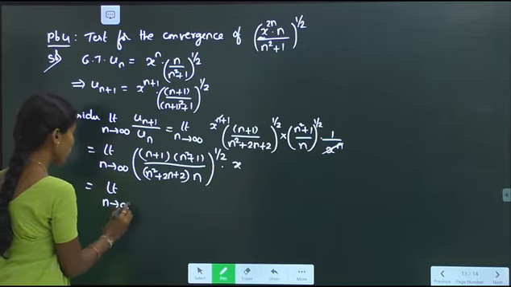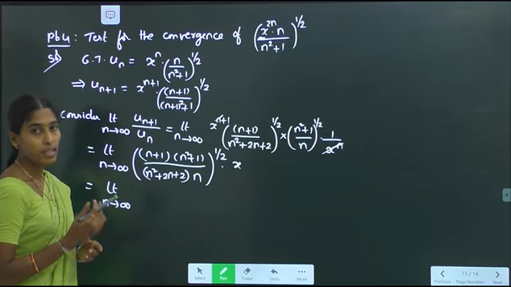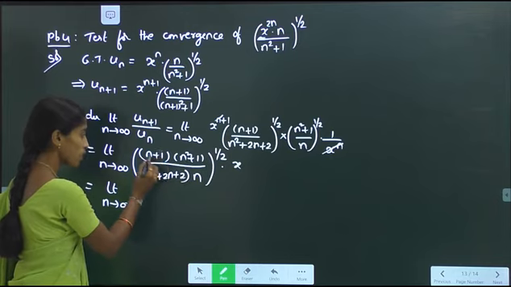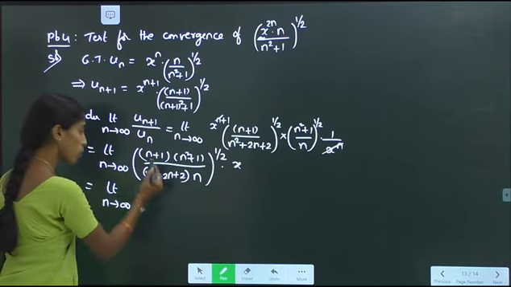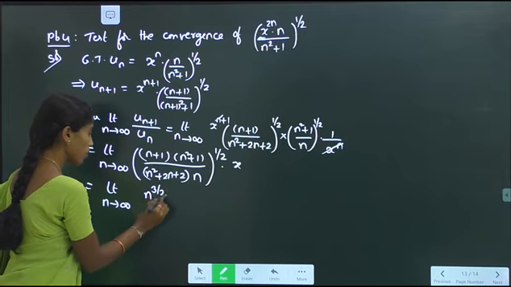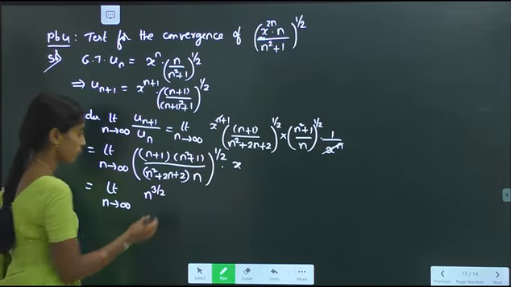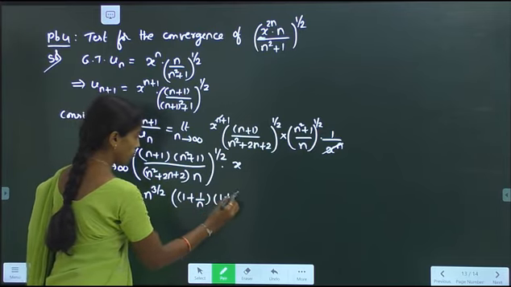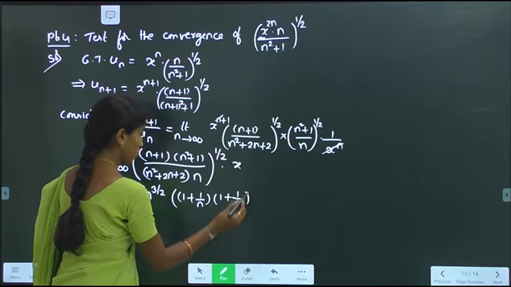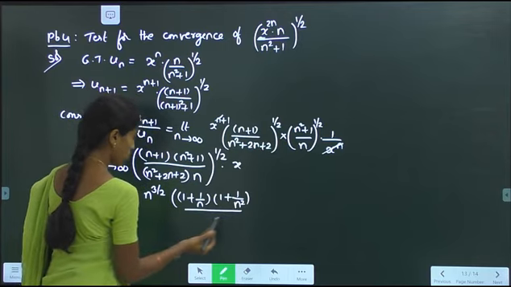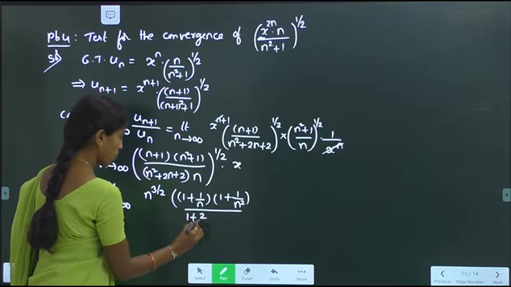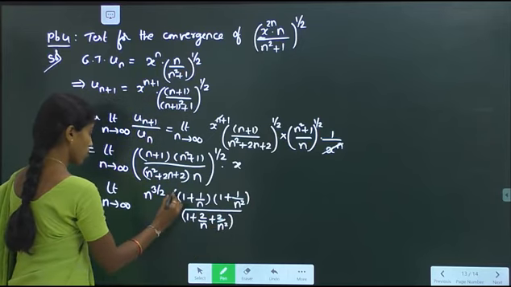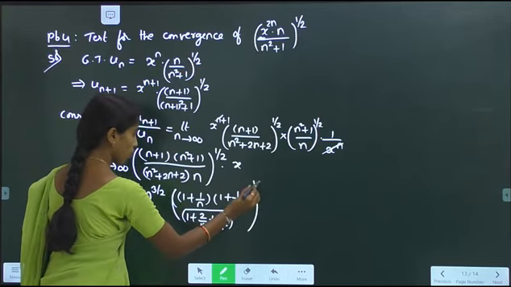Limit n tends to infinity. Taking common the maximum power of n from both numerator and denominator. Here n square is available, here n is available. Taking common n cube from this one, it becomes n power 3 by 2 because whole power half is there, and one plus 2 by n plus 2 by n square whole to the power 1 by 2.